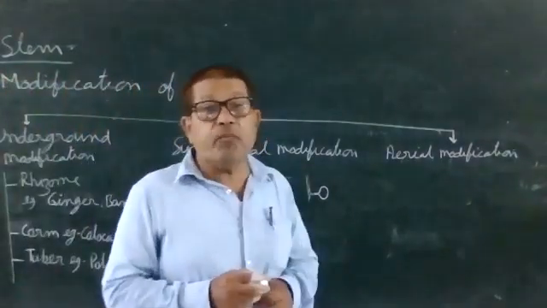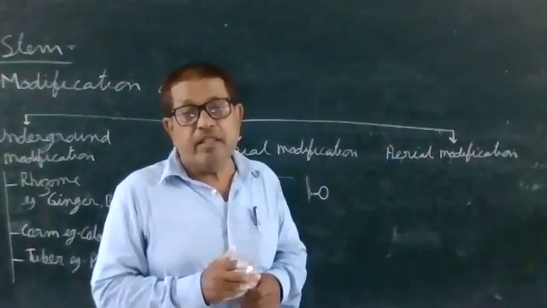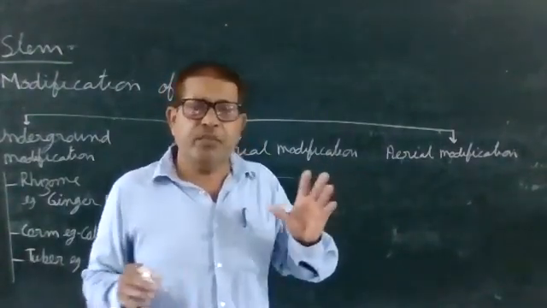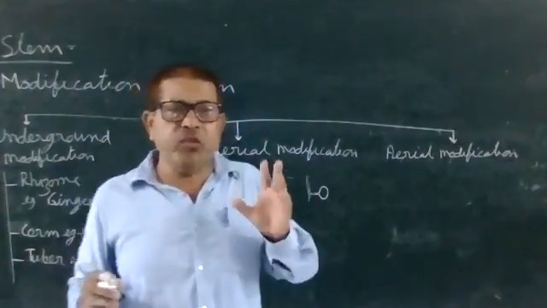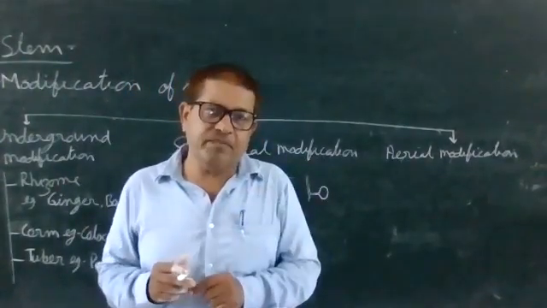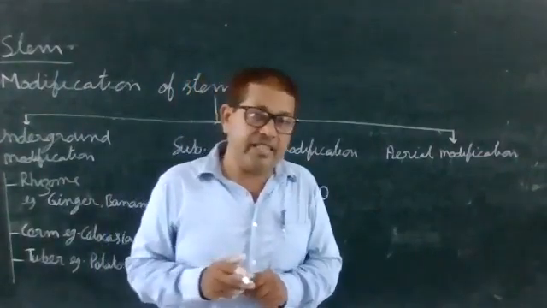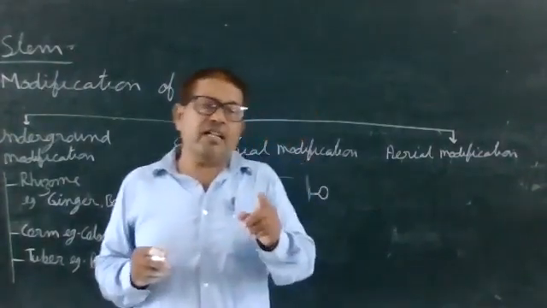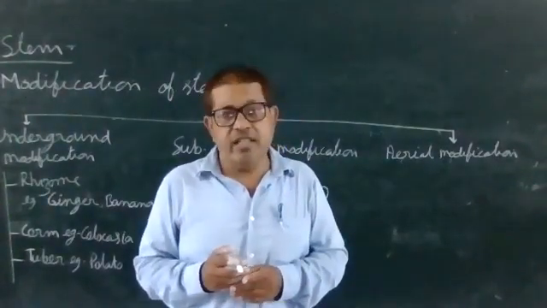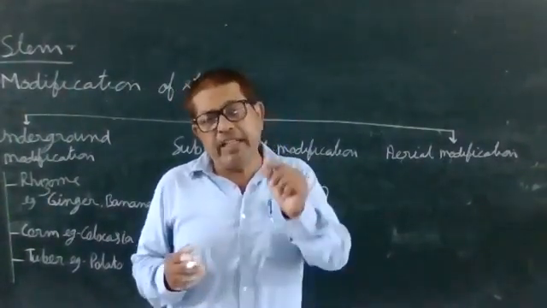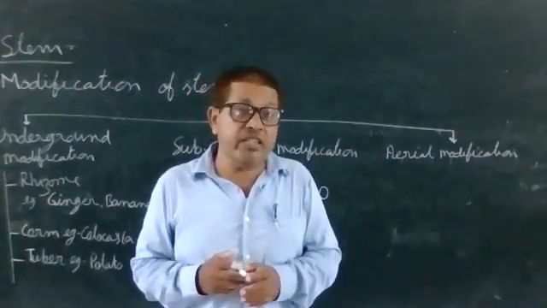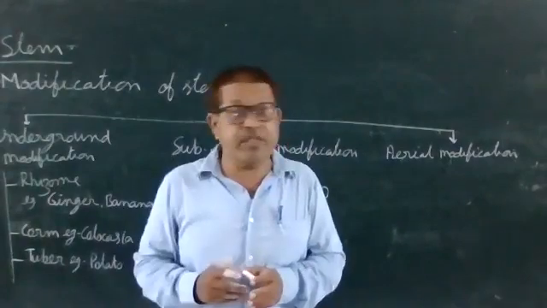Generally, we use the term potato tuber. That is potato tuber. You see that in this case, nodes and internodes are not very distinct. What eyes are there? These eyes represent the nodes. And the eye, you know that eyes have buds and are protected by the scaly leaves.